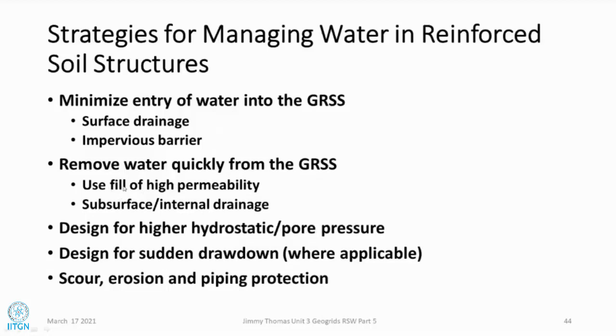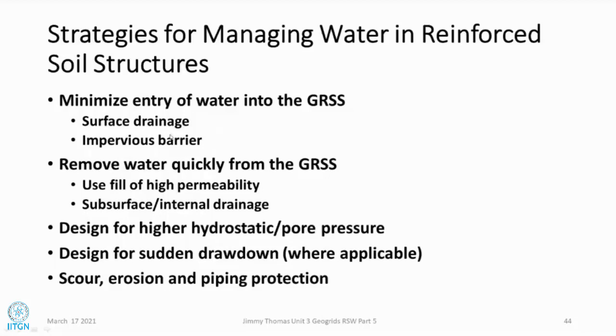So for this, use fill of high permeability. Like in the earlier slide, we have seen use of a free draining zone. And one of the reasons for limiting the fines to 15% in normal walls is that it should have sufficient permeability. Then we can use subsurface internal drainage. Earlier we have seen that wherever the groundwater table is there, sometimes we use chimney drainage blankets. Then design for higher hydrostatic pressure.